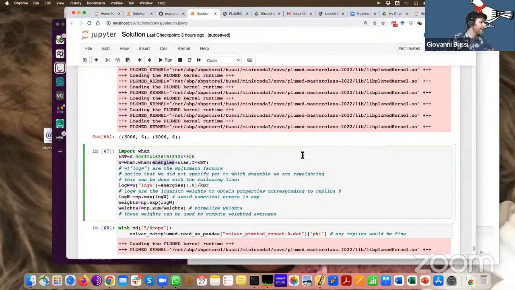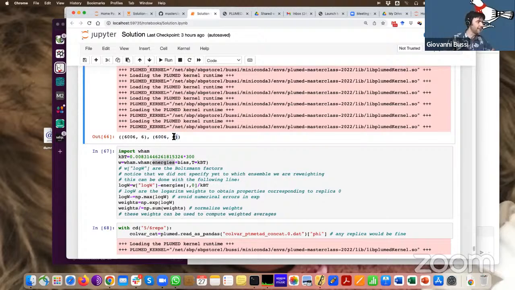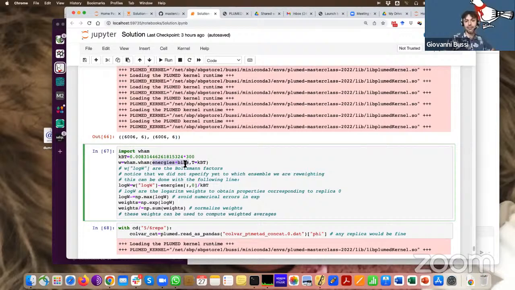And again, this bias is also number of frames times number of replicas, because each replica has grown its own independent, psi-dependent potential. So what I should feed to the WAM script is just the sum of the two contributions. That's the potential energy function that I use in the simulation, with the exception that I'm cheating. Actually, this was the definition of the potential energy function at the end of the simulation.